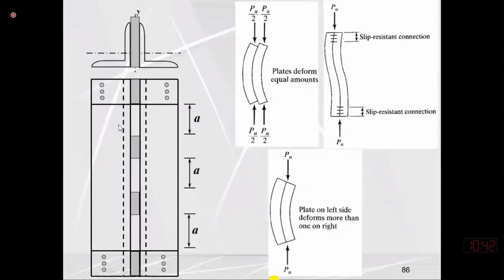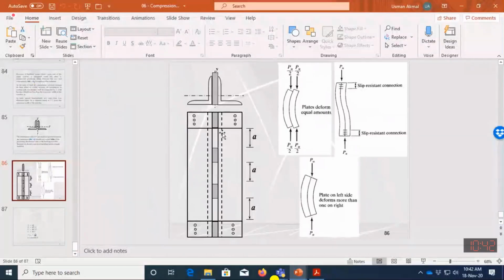We already know the slenderness ratio of the built-up section. We assume that the slenderness ratio of this portion is less than or equal to 75% of the overall slenderness ratio. So we are keeping the slenderness ratio of the unconnected portion of the single section less than or equal to 75% of the slenderness ratio of the built-up section, to avoid any local buckling or buckling of the single section within the length of A before overall buckling.